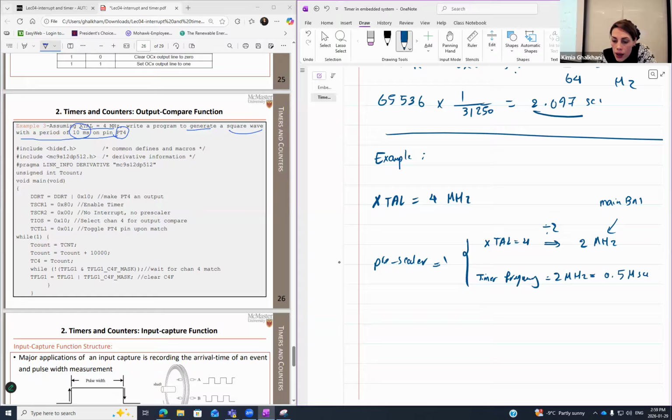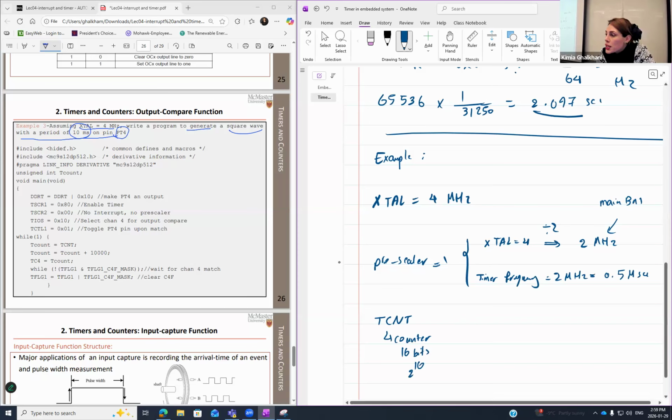Now, again, like the other one, TCNT. TCNT is the counter, and it's a 16-bit counter. I already said 16 bits means 2 to the power of 16. That's a unique value for the microcontroller.